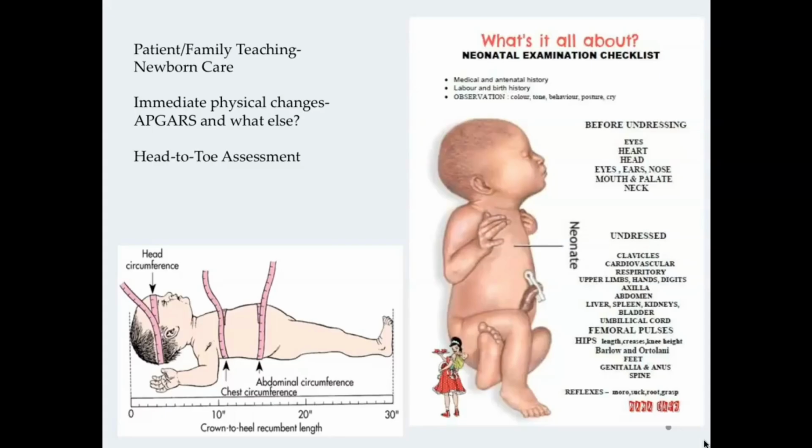After you've assessed their respiratory rate and heart rate, you want to make sure that they have good tone. Babies should never be limp. If they are, there may be an underlying issue, or maybe they got narcotics or something else prior to delivery that made them this way. But tone has a lot to do with whether the newborn is doing well.